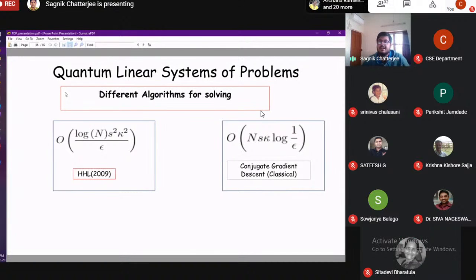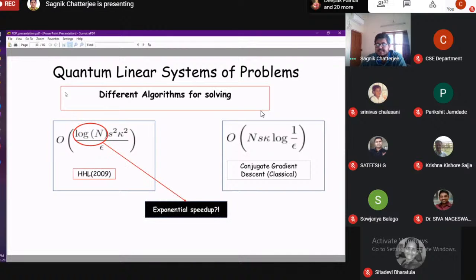However, in practical scenarios, your input images will be very large, so the other things won't really matter that much. And since we are using classical pre-processing to take care of the noise and everything, even the error doesn't matter that much. So in effect, it gives us an exponential speedup.